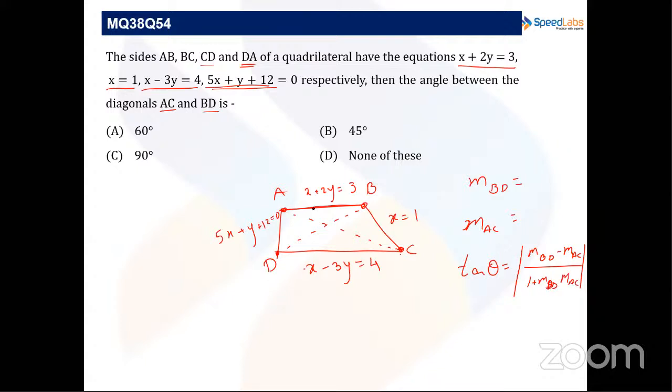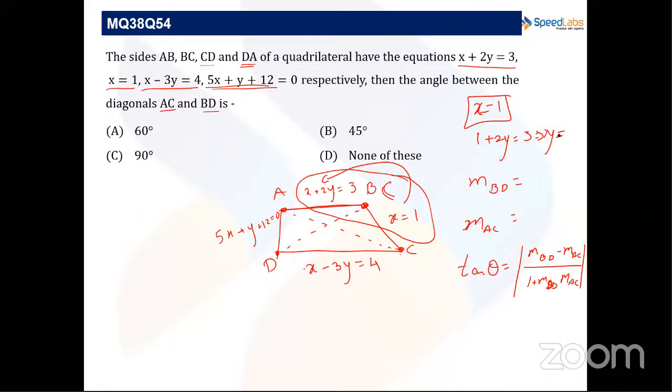Now, how we are going to find these coordinates? Just we have to solve these two equations. For example, if we will solve these two equations, then we will get x equals to 1. Obviously it is given, and putting x equals to 1 here, we will get 1 plus 2y equals to 3, that is 2y equals to 2.